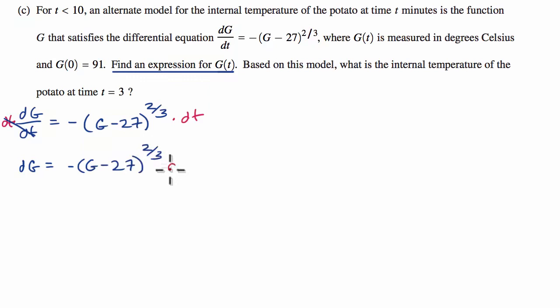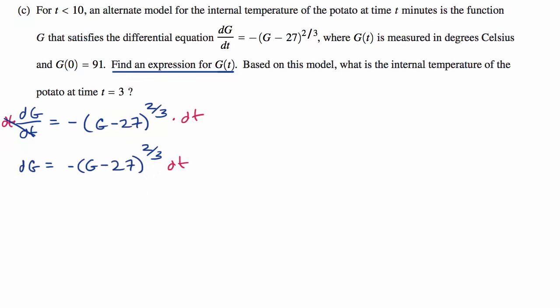The whole notion here is I'm trying to get all of the g things on the side with the dg, and all of the things that involve t on the side with the dt. We don't see any t's here, so really we just have to get the g's over on this side while leaving the dt there. And then we can integrate both sides.